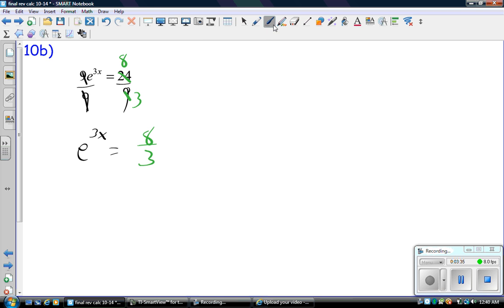Now, you could use log, and that's fine, but if you remember, e and natural log are inverses of each other. So they cancel each other out, essentially. So if I natural log both sides, bring this around town just like normal log, you've got the 3x out in front. The natural log of e is 1. And you could check that on your calculator.